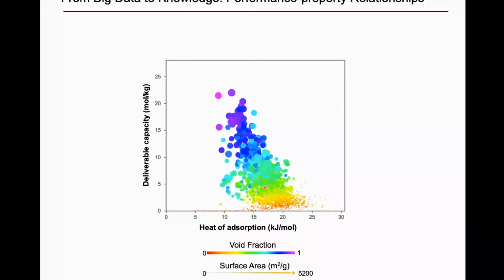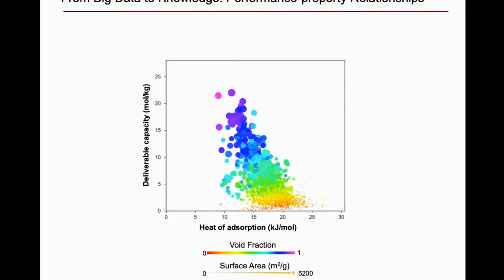So again, what is really interesting about these performance property graphs is that I can make a good guess of how future materials can perform. And obviously, these are very, very informative data analytics tools that can be applied to any multidimensional problems in the realm of materials design and discovery.